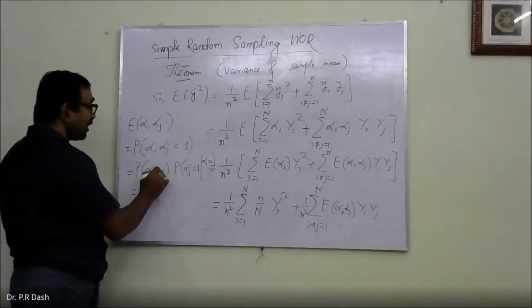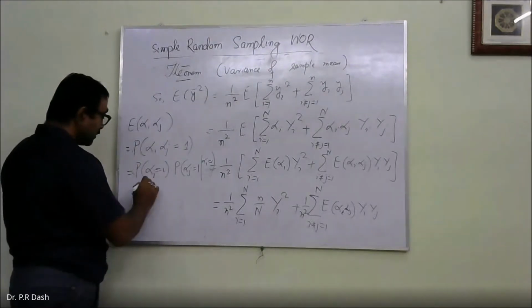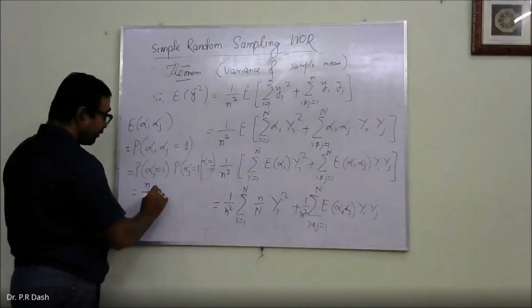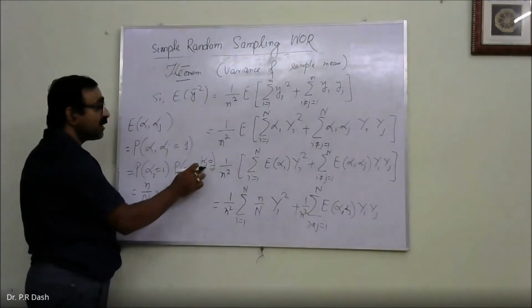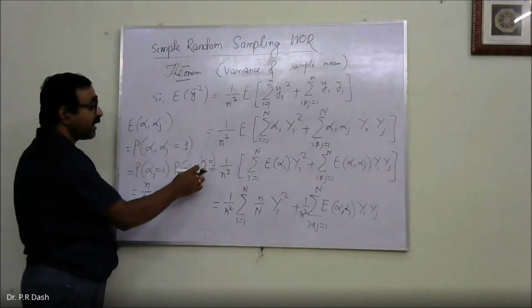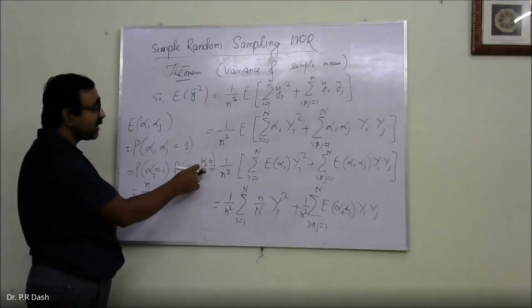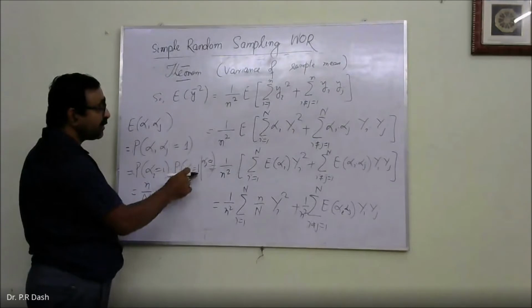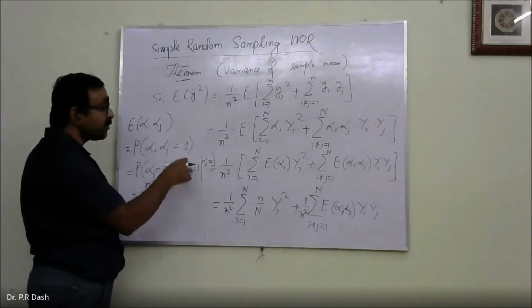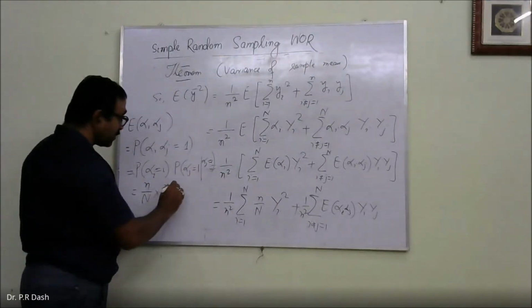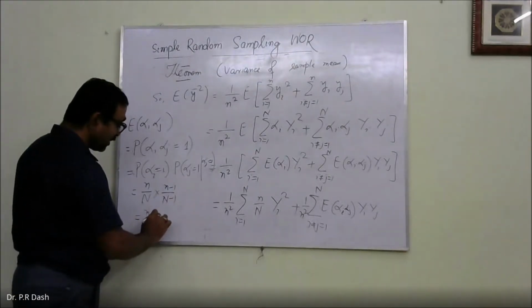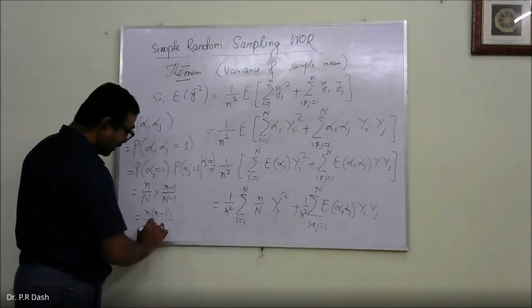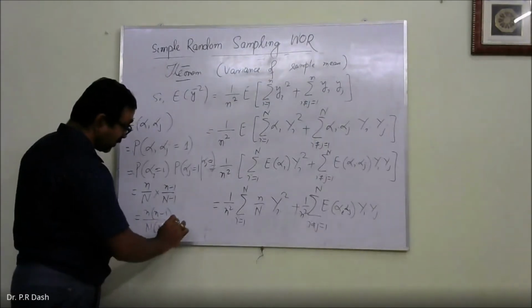Alpha i equal to 1 means the ith unit is selected, so this probability is n by capital N. Given alpha i equal to 1, the ith unit is already selected and the jth unit will also be selected from the remaining n minus 1 draws. So this will be n minus 1 by capital N minus 1. So this will be small n into small n minus 1 by capital N into capital N minus 1.